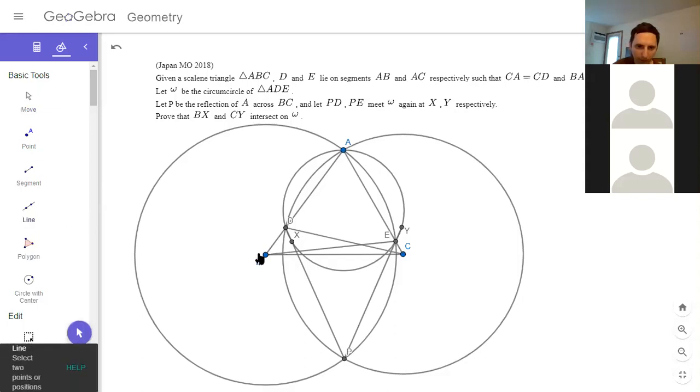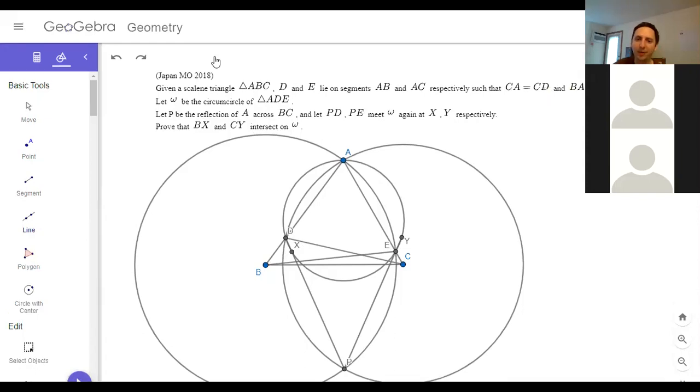So what would that mean if they did intersect on the circle? That would give AXB and AYC. Oh, kind of like a spiral, yeah, like a spiral similarity. Yeah, that would prove it, I think, right?